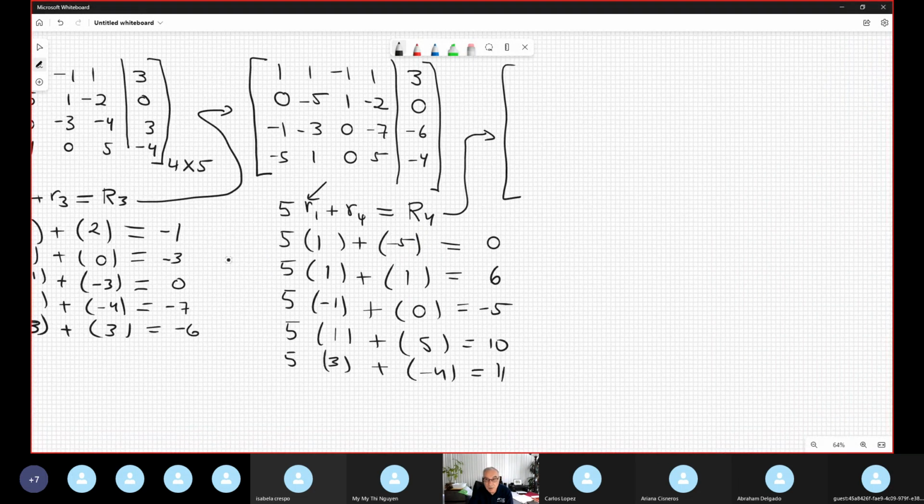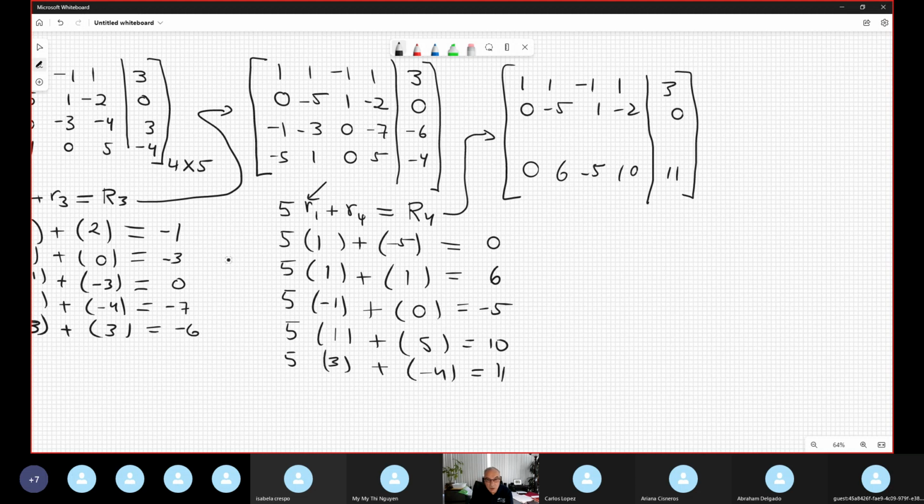Row 4 is now 0, 6, negative 5, 10, and remember the bar separating the augmented matrix, 11. The rest I copy exactly the same: 1, 1, negative 1, 1, 3, 0, negative 5, 1, negative 2, 0, negative 1, negative 3, 0, negative 7, negative 6. Done. It's option C again.